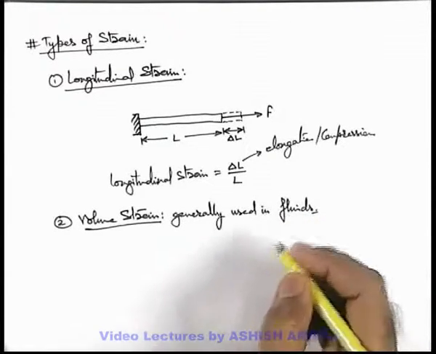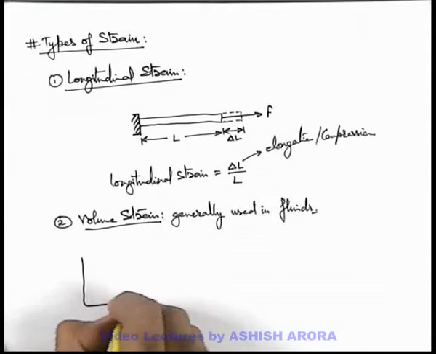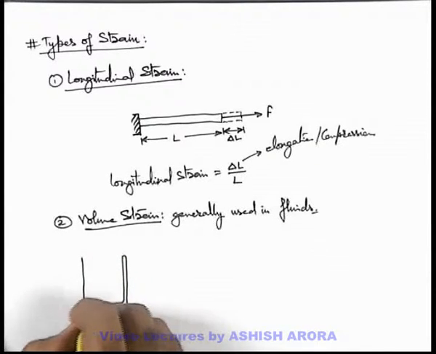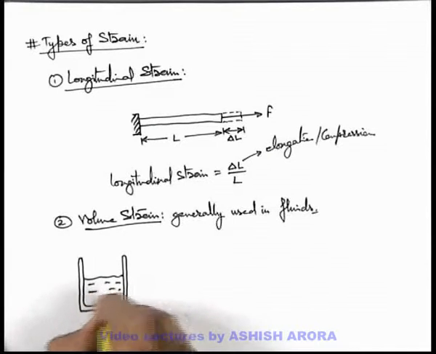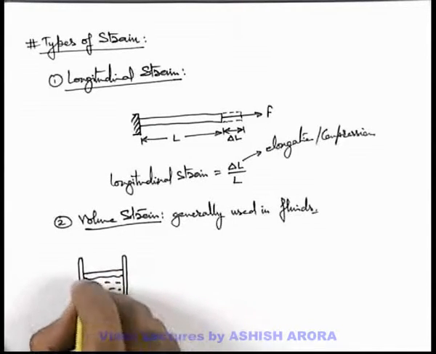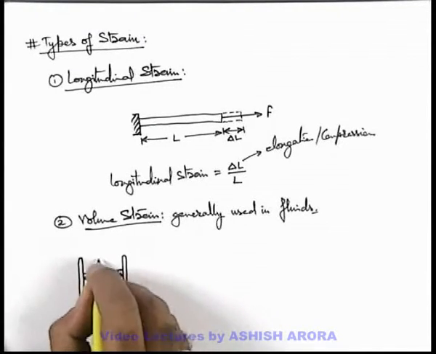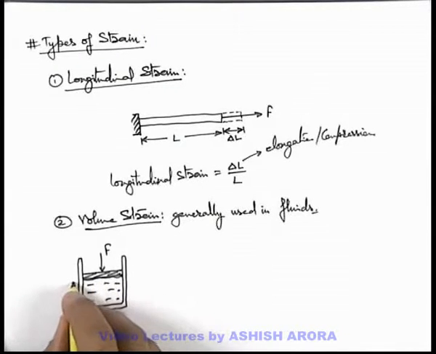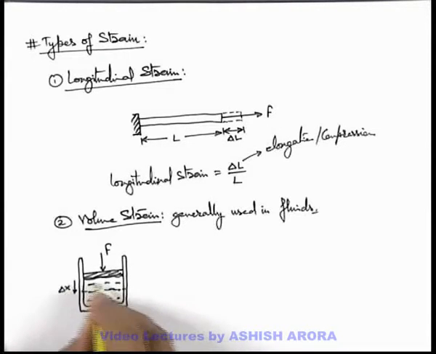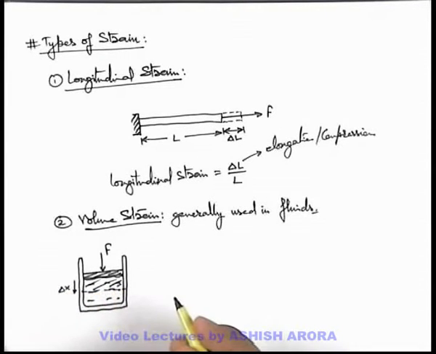So we can simply state, say, we are having a container in which a liquid is filled, and over the liquid a piston is there, and we apply an external force F, and due to the force an excess pressure is developed, and say the piston compresses the fluid by some distance delta x, then we can say the volume of this fluid will be decreased.